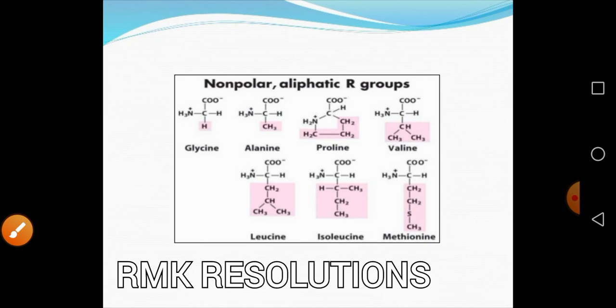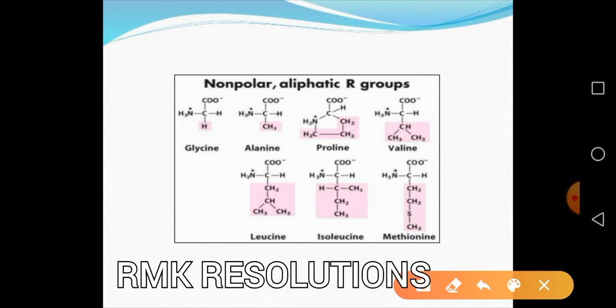You can see in glycine, the R group is only hydrogen, that's why it is the simplest one. Then you can see on your screen alanine, proline, valine, all these are non-polar amino acids. And note the methionine: its R group contains sulfur, that's why it is called a sulfur containing amino acid.